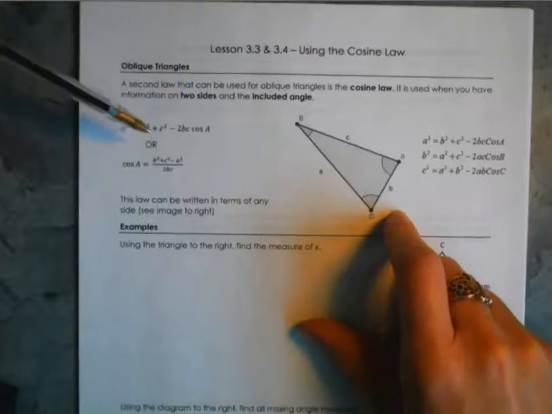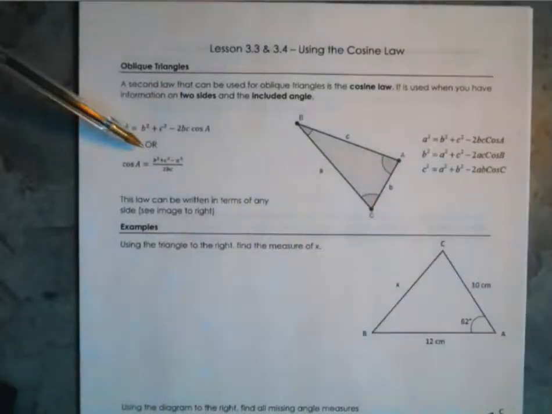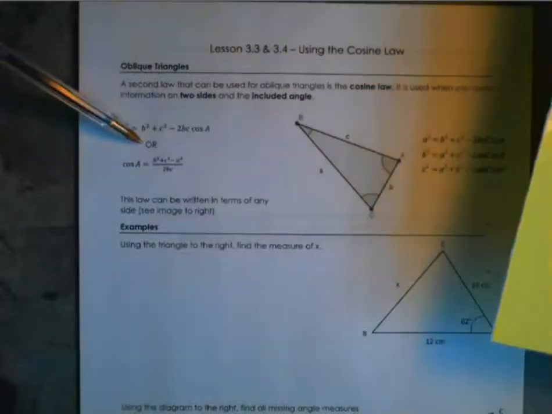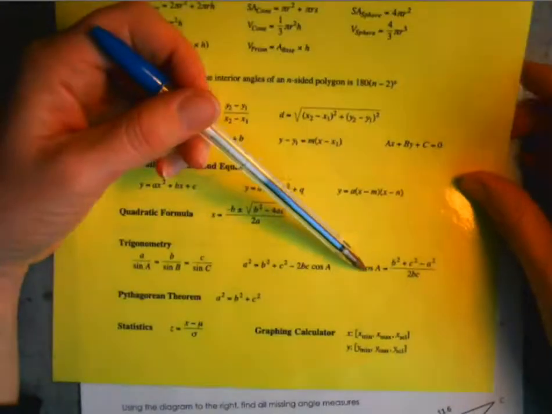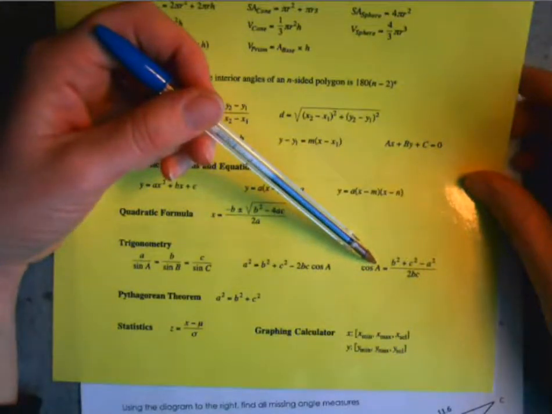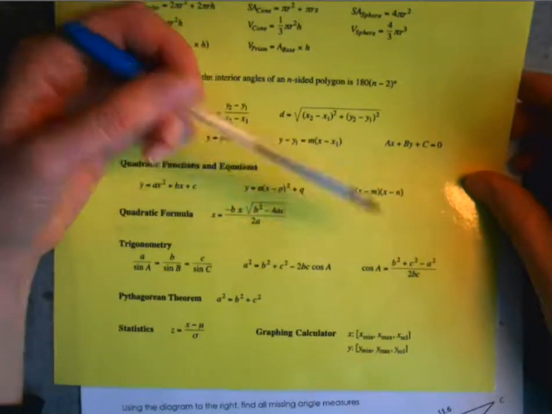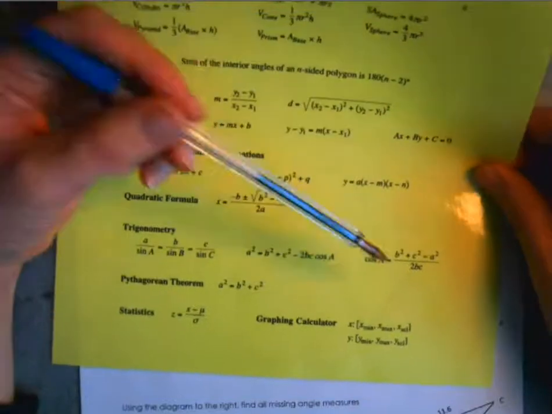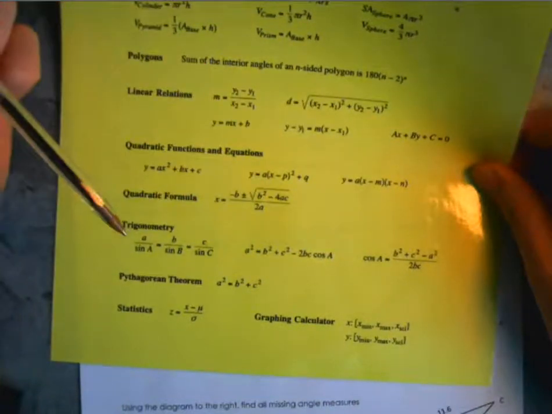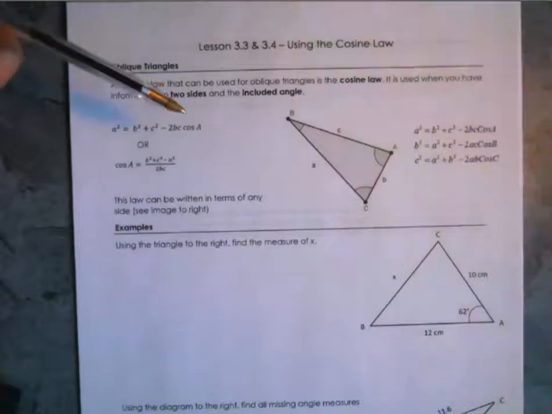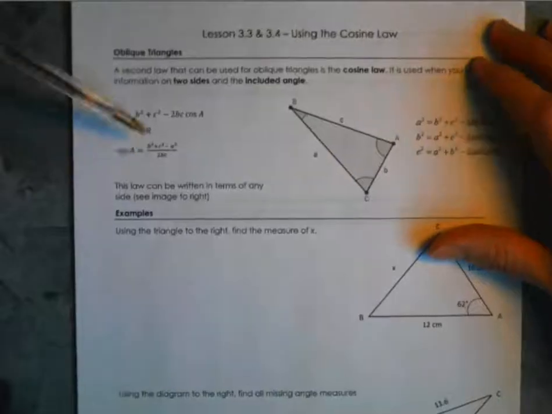There is an alternative version of the cosine law that's used to find the angle. This is also on your data sheet that you will have on tests. Again, like the other one, we can manipulate this one depending on the sides that we know, but we'll talk about that as we move forward.